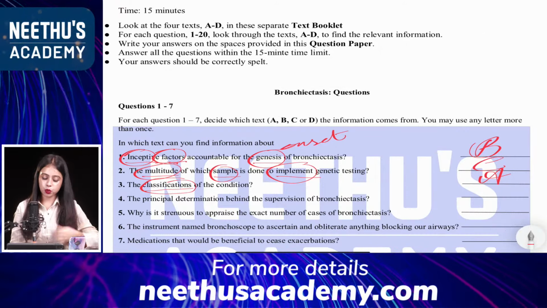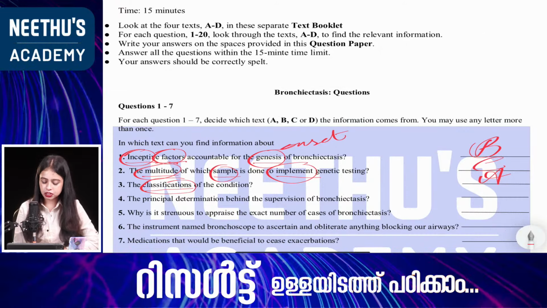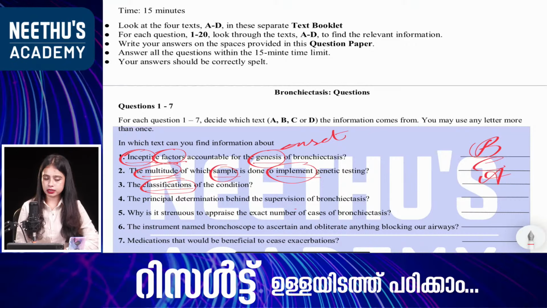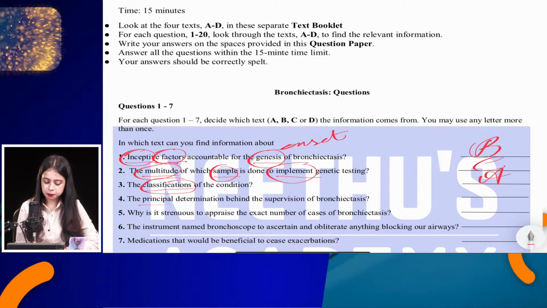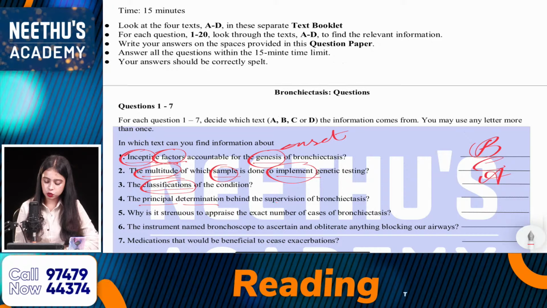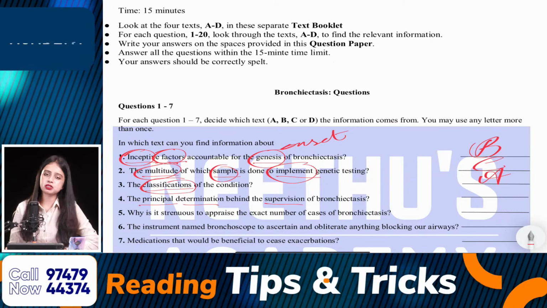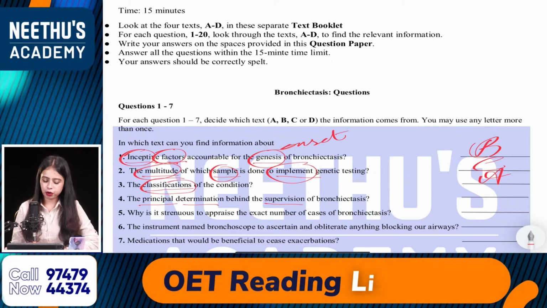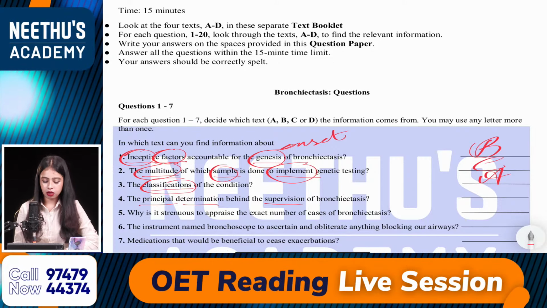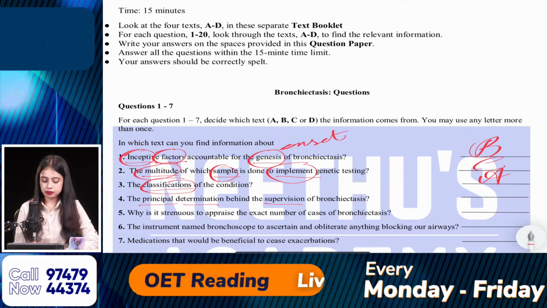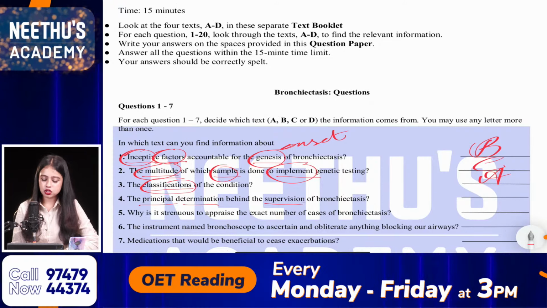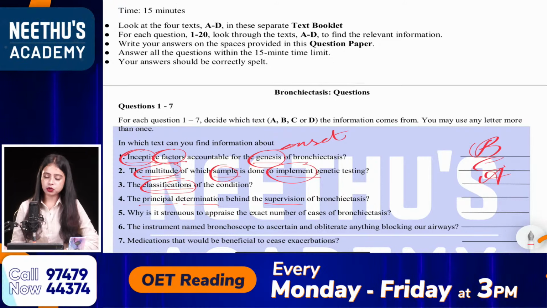And fourth one, the principal determination behind the supervision of bronchitis. Okay, so principal, determination, supervision. Yes, principal, which means very important, main. Identification behind the supervision of bronchitis.